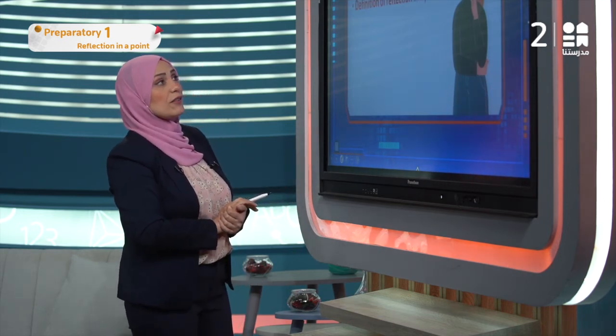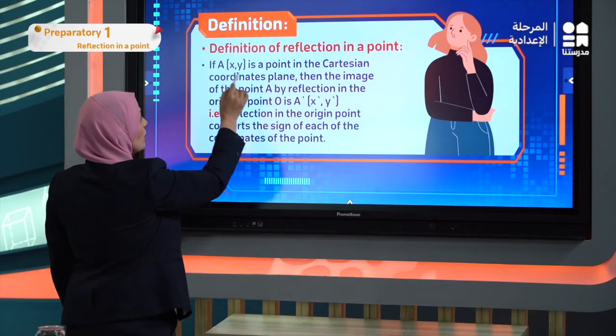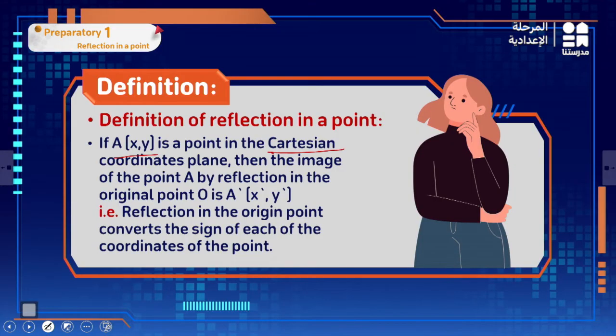Here we have the definition of reflection in a point. If A(x, y) is a point in the Cartesian coordinate plane, then the image of the point A by reflection in the origin point is A dash (negative x, negative y). The reflection in the origin point changes the sign of each of the coordinates of the point.